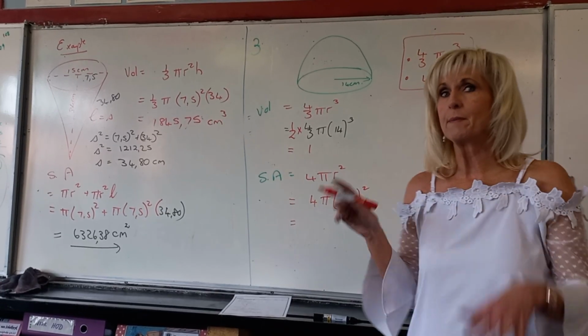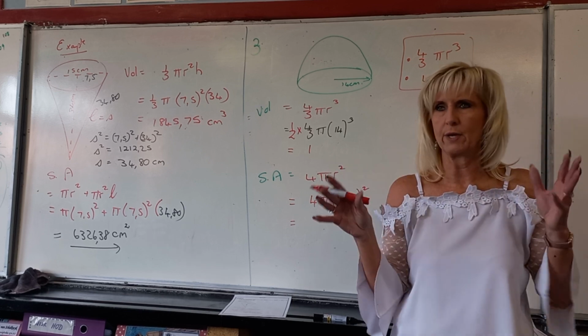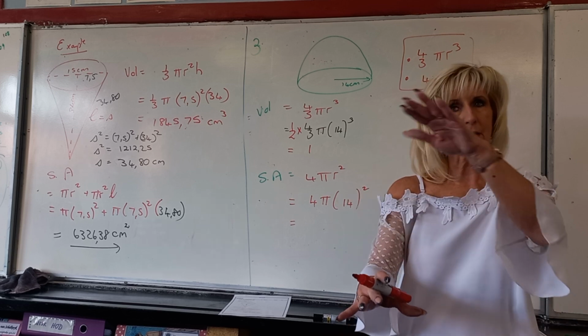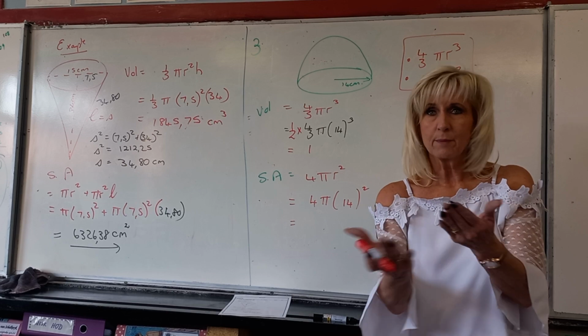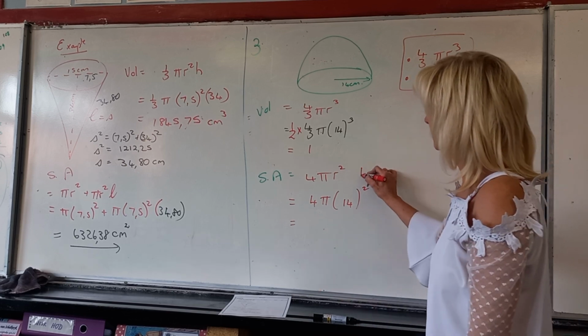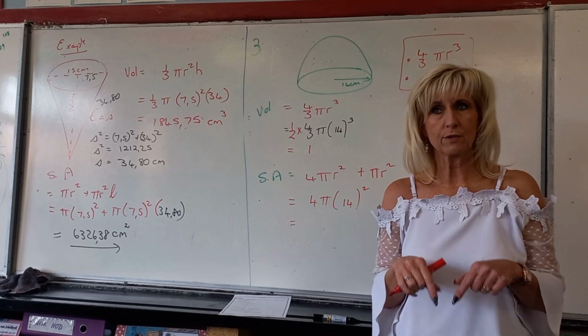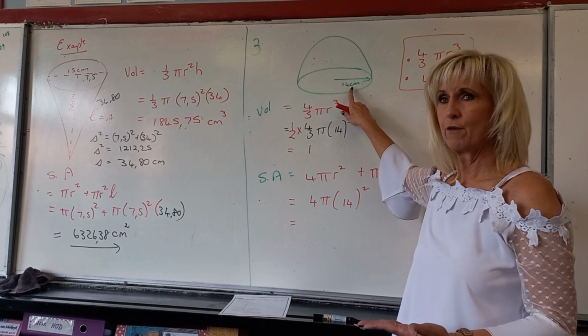This surface area means I want to take this thing and cover it with icing or whatever. Or it's a paperweight and I want to paint it on the outside, meaning I still forgot the bottom, which is a what? That bottom is also a circle, pi r squared, with that same radius of 14.